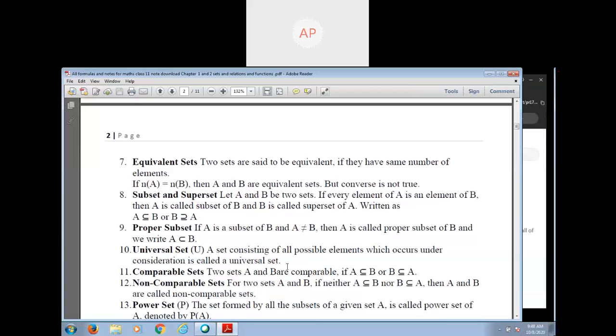Suppose we consider a set A that contains the elements 1, 2, 3 and B is another set that contains the elements P, Q, R. Then the numbers of elements of A and B are same, so we can say that A and B are equivalent.